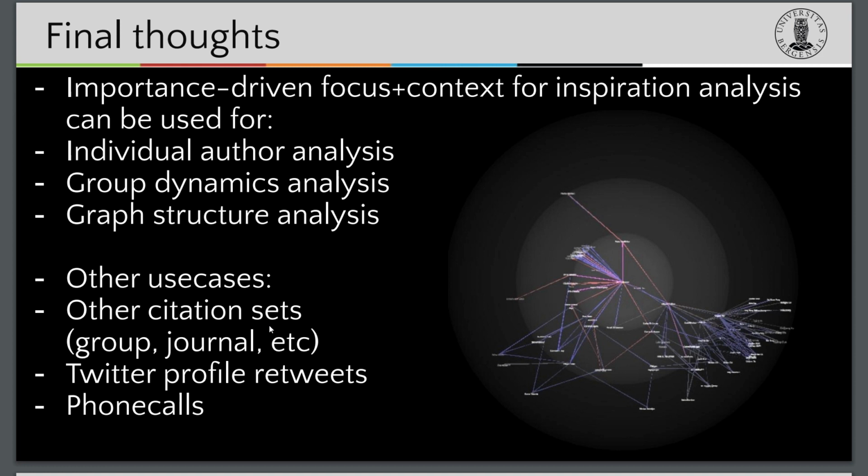You can use it with group-to-group citation sets and journal-to-journal citation sets, and so on. But this, of course, means you need to adjust the minimum citation threshold and also make some adjustments to the degree of inspiration equation to fit that specific set type.